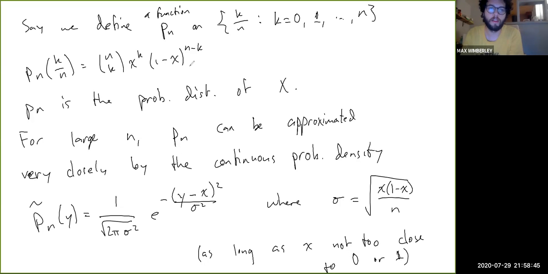Then this becomes very close to this. You can see how this is badly behaved if x gets super small, because then this gets really small, so the function has a huge peak, and this is also really small, so it gets super sharp. It's weird, but we're just going to pretend that x is not particularly close to 0 or 1, and this is a very good approximation.